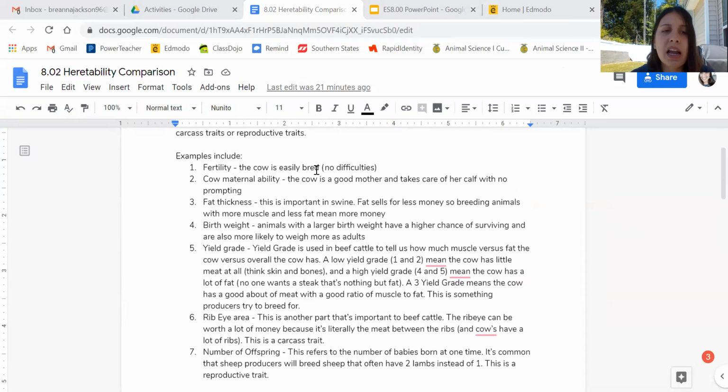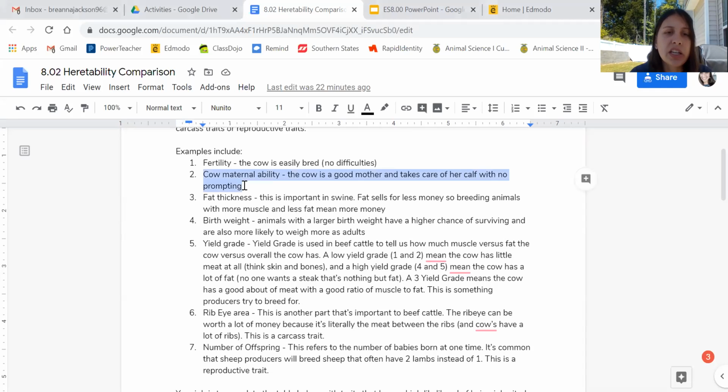Some examples that you could be thinking about are fertility. That was one of the traits we talked about today. Cow maternal ability. Like, is this cow naturally a good mom? Some cows, some animals, they have babies and they don't recognize those babies as their own and they don't take care of them. If you're breeding animals, that's not something you want in a mother animal.